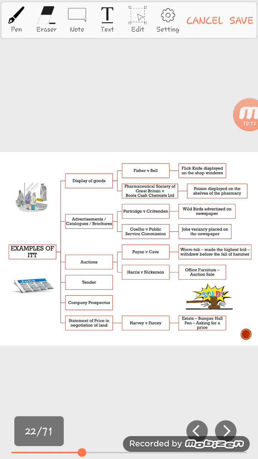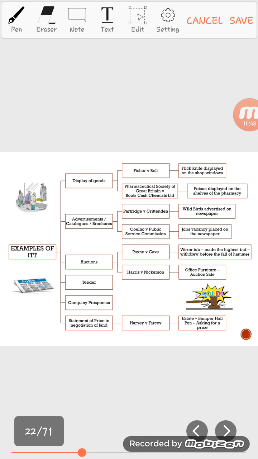So when the person sends a letter of tender, it means an offer, and there is no acceptance since the defendant did not accept it. The defendant has the right to refuse the offer, and the court held that there was no contract.